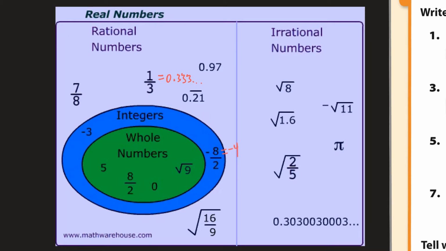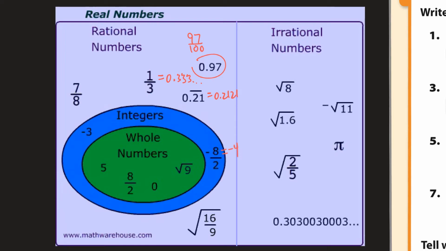So it can be a repeating decimal, like 0.2121, and so on. Repeating decimals are okay, and terminating decimals like 0.97 are okay, because 0.97 is 97/100.